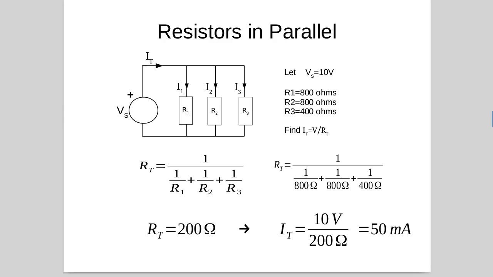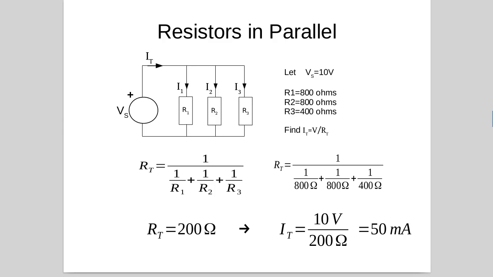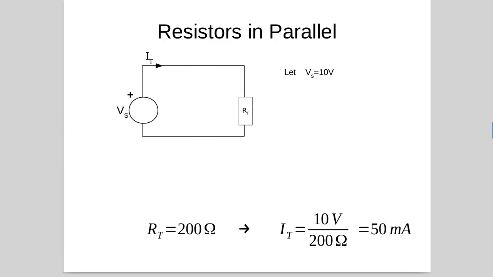We put 200 ohms into Ohm's law, 10 volts divided by 200 ohms, total current 50 milliamps. Now one of the things we can do with that circuit, once we find RT, is we can simplify the circuit. We've replaced the three resistors with one resistor, which is equivalent to the total of the three resistors, in this case 200 ohms. So we can simplify our drawing of the circuit.